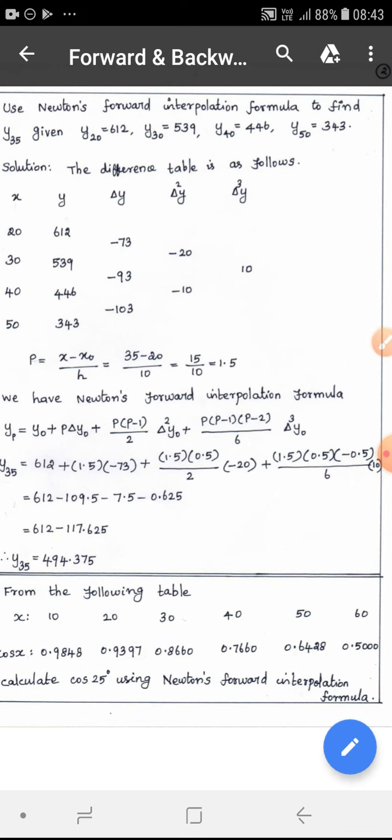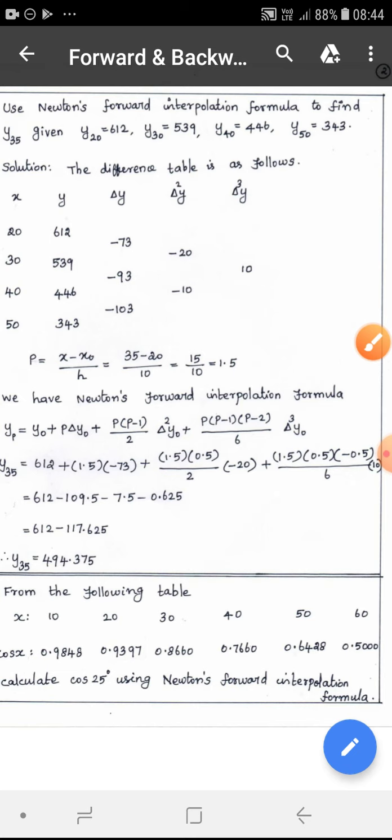Similarly, second order difference, denoted as delta square y. To calculate the second order difference, you look at the entries of the previous column, the first order differences. In that column, you go for succeeding value minus preceding value: minus 93 minus of minus 73, which gives minus 20. Minus 103 minus of minus 93, that is minus 103 plus 93, is minus 10.